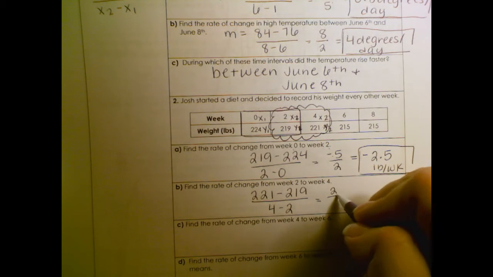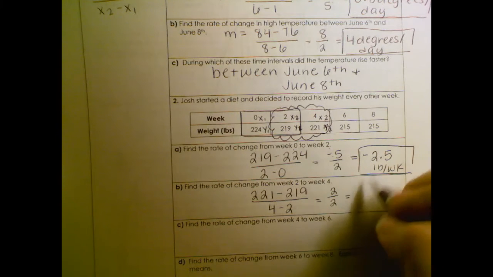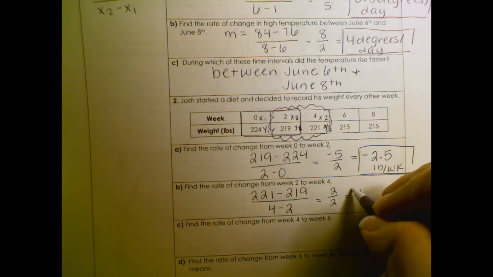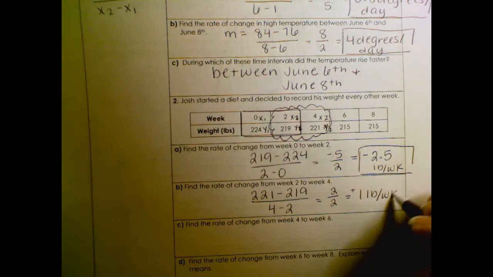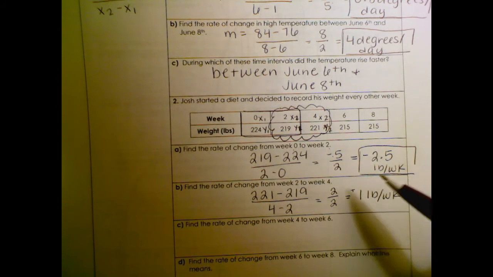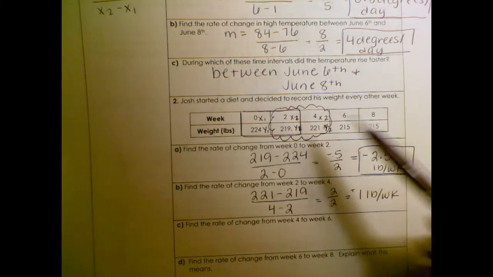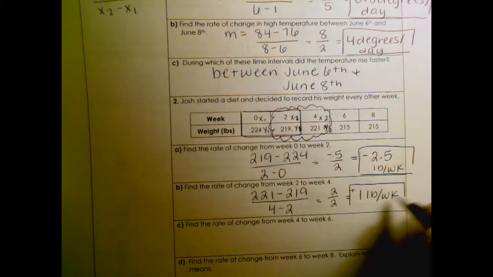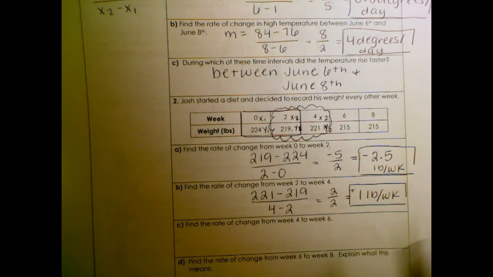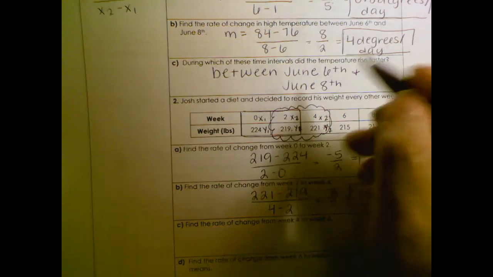So it gives me 2 over 2, which reduces to 1. So we actually gained 1 pound per week. Well, between week 2 and week 4, he actually just gained 2 pounds.